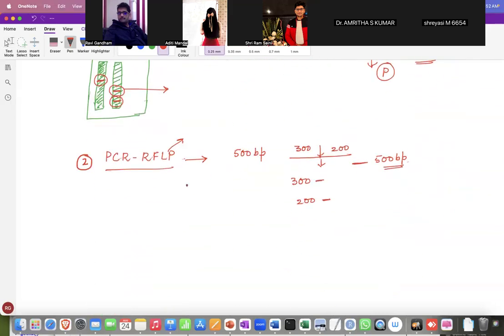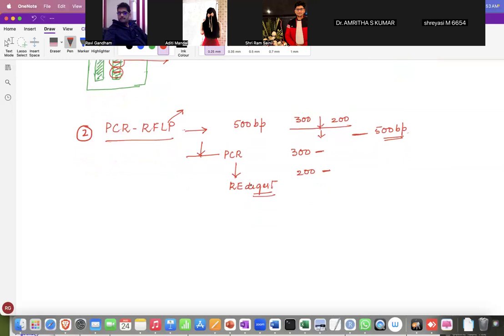So you have a 500 base pair fragment here, and then digest this with RE enzymes. So first is nothing but a PCR amplification, and then after that you RE digest the fragment. That is what you do. Now, this is all bookish. You can find it in any book and you can do it.